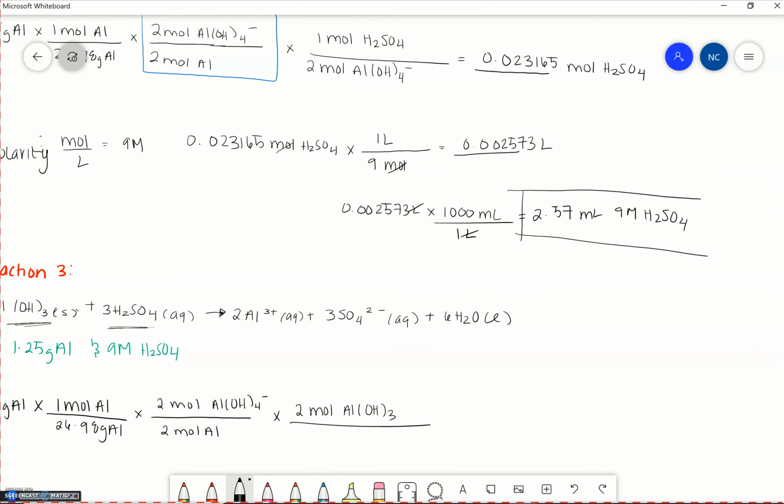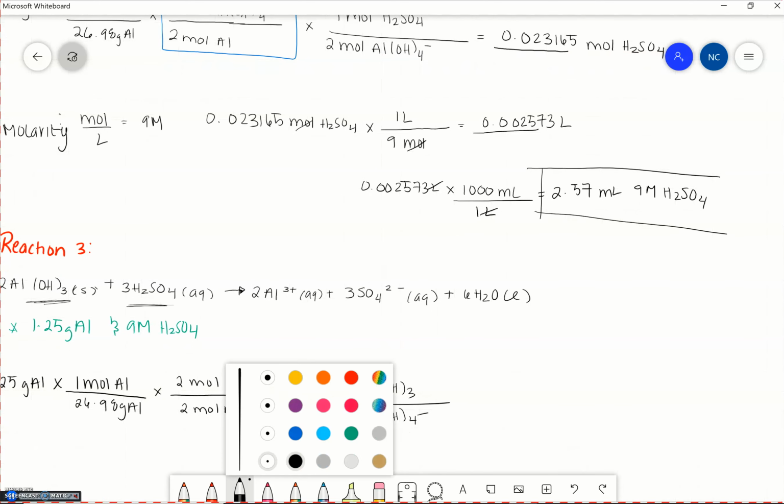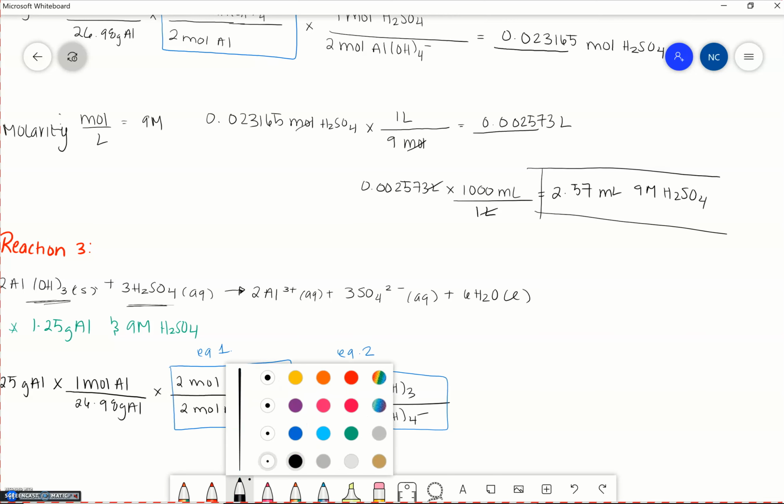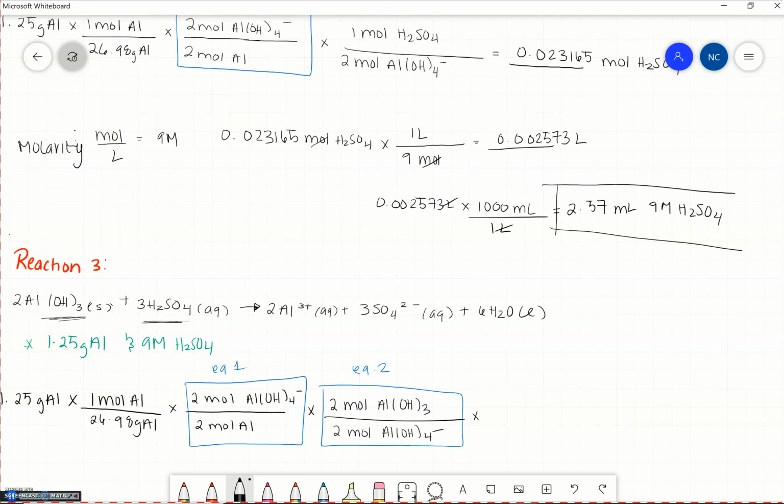And divide by 2 moles of aluminum hydroxide 4-. So this is from equation 1. This is from equation 2. And now to equation 3.